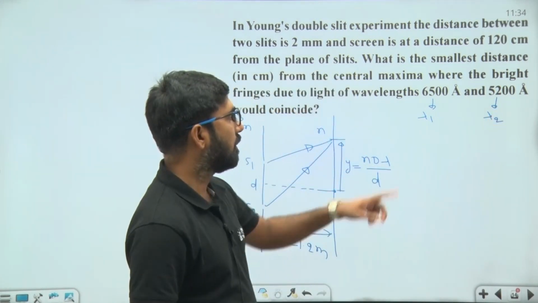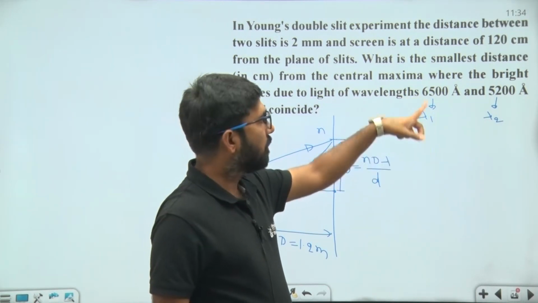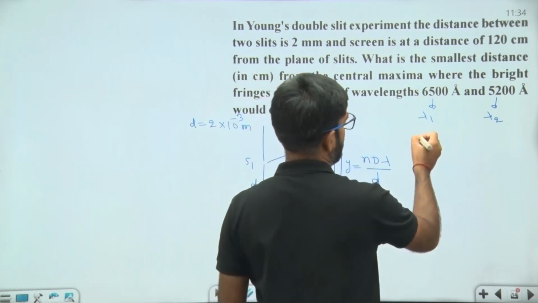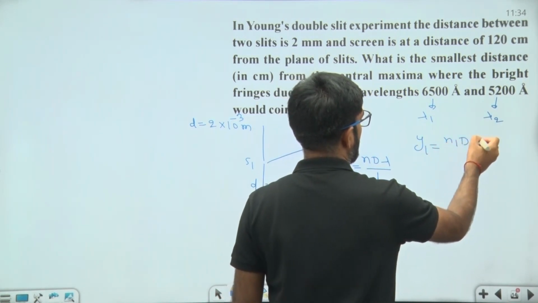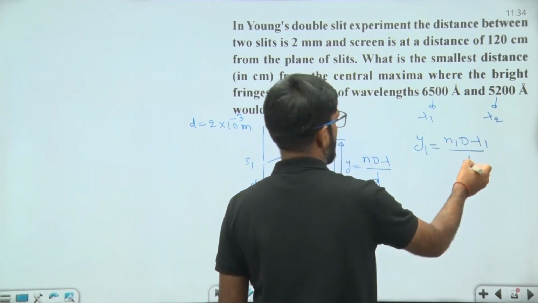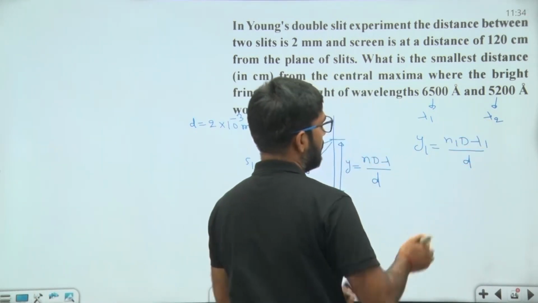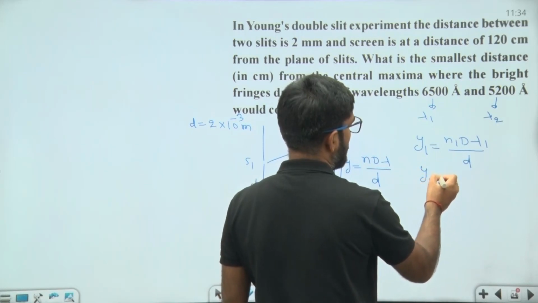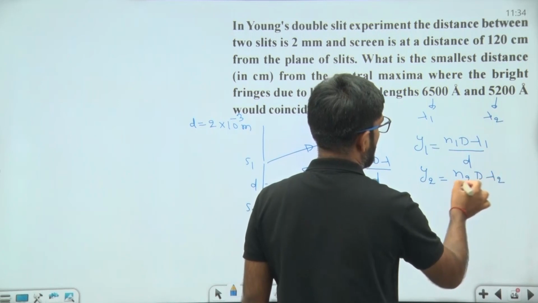Then n1 order maxima corresponding to this wavelength will be given by its position y1 equal to n1 capital D lambda 1 by small d, and n2 order maxima corresponding to lambda 2 will be at position given by y2 equal to n2 capital D lambda 2 by small d.